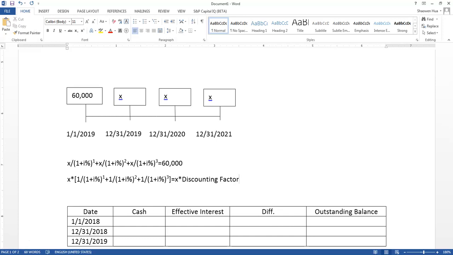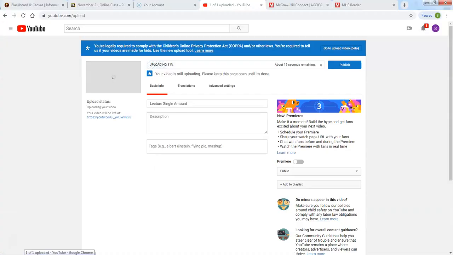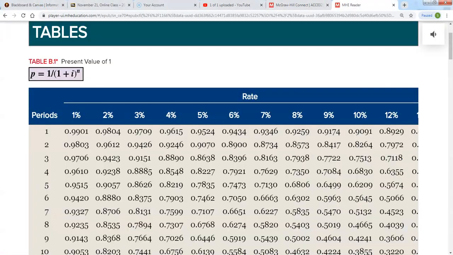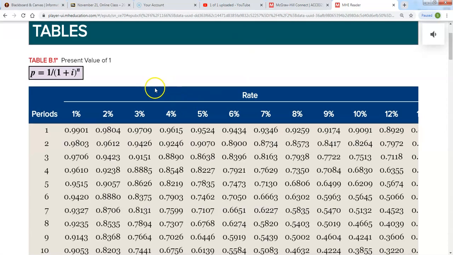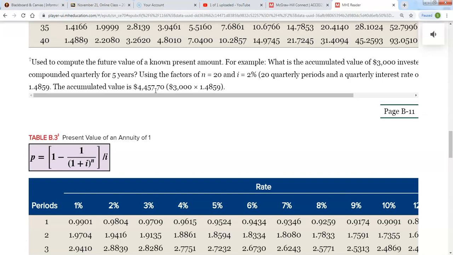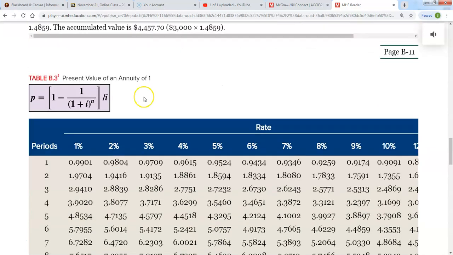And where can I find this discounting factor? Since I have a series of payments, we call them annuities. And in your textbook, when you scroll down to present value of annuity, you can find a discounting factor.